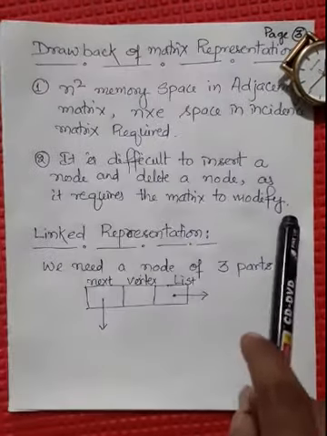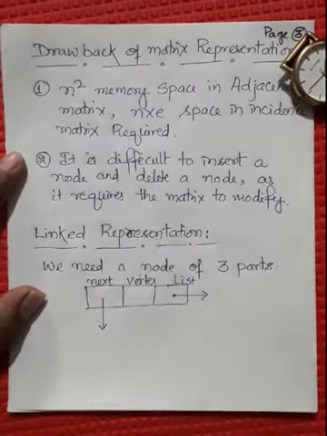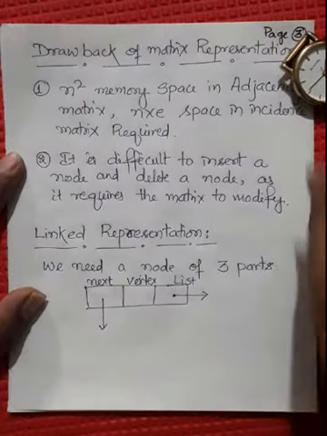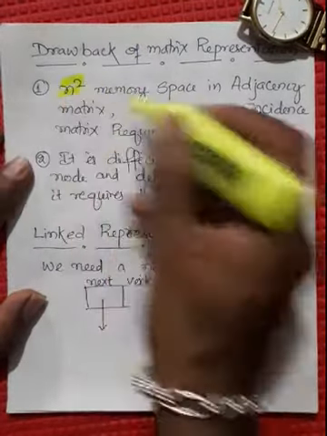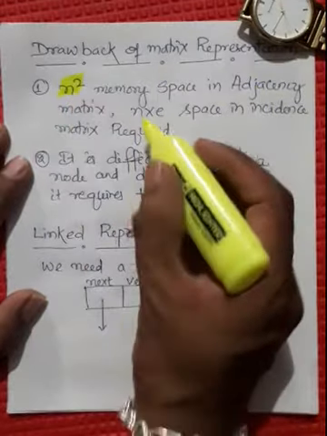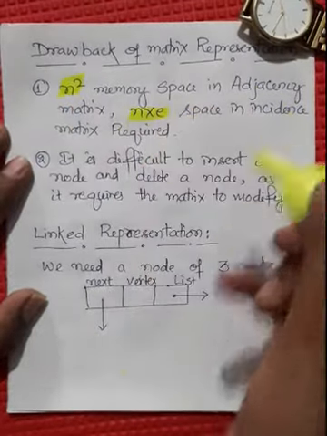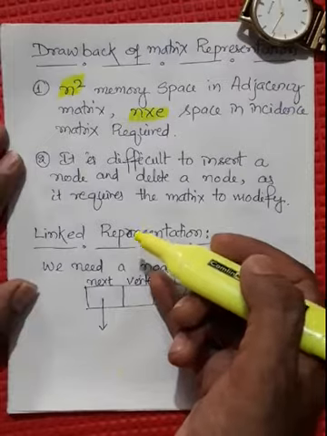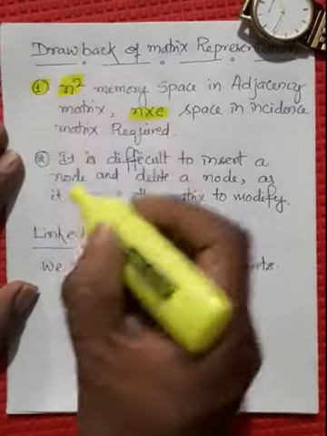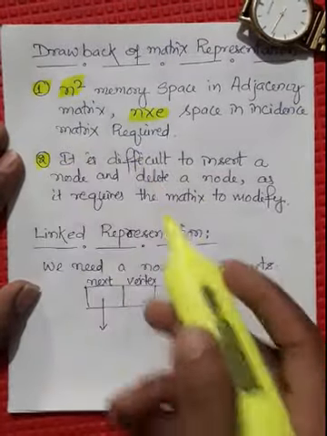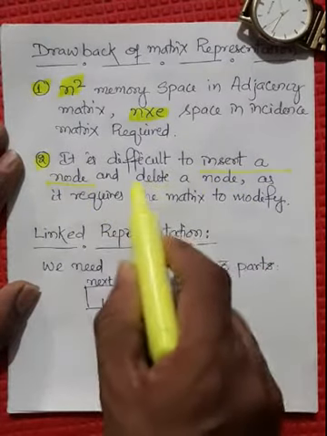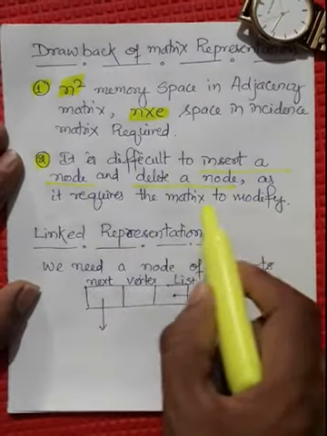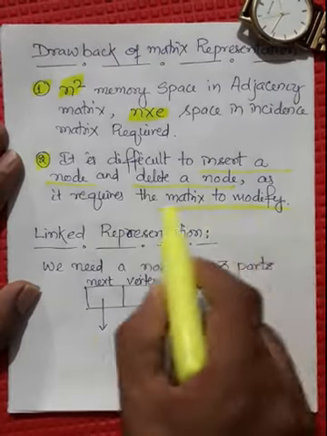Another drawback is what I have tried to focus on here. We need n square memory locations for the adjacency matrix, whereas n into k memory space for the incidence matrix. So that is a drawback. What is the second drawback? Whenever we insert a node or delete a node, we have to modify the matrix.